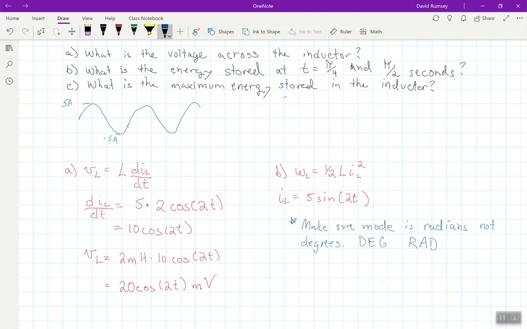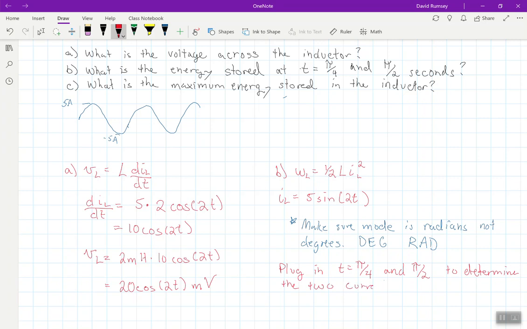All right, so the next step is we need to figure out the current at these 2 different times. All we do is plug in t equals pi over 4 and pi over 2 to determine the 2 currents. So there's going to be 2 answers here.